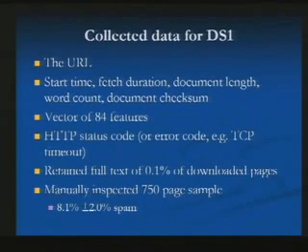It came in handy when we wanted to determine how much spam was in this collection, because we took a random sample of 750 of these pages and determined that there's about 8.1% with a confidence interval of 2 worth of spam in this collection.